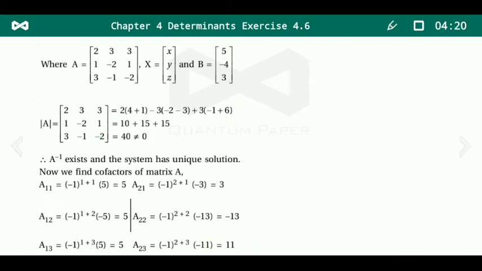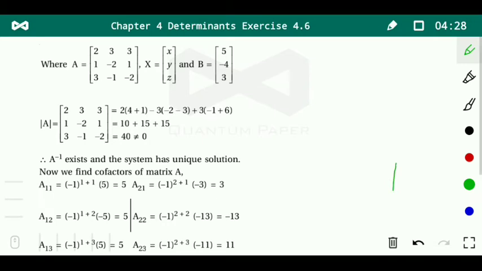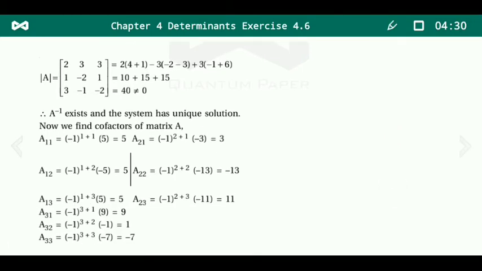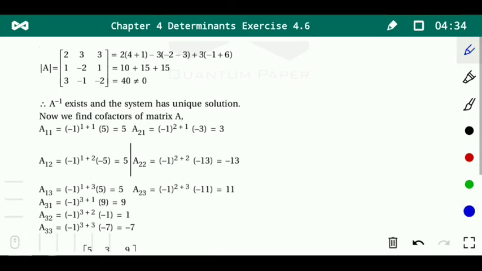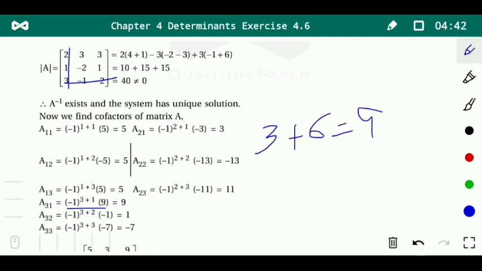Okay, next we have to find out capital A31, A32 and A33. So now see, capital A31. So it will be 3 ones are 3 plus 3 twos are 6 will be 9, and minus 1 raised to 4 will be plus 1, so it will be 9. Then A32. So we have to remove third row, second column.